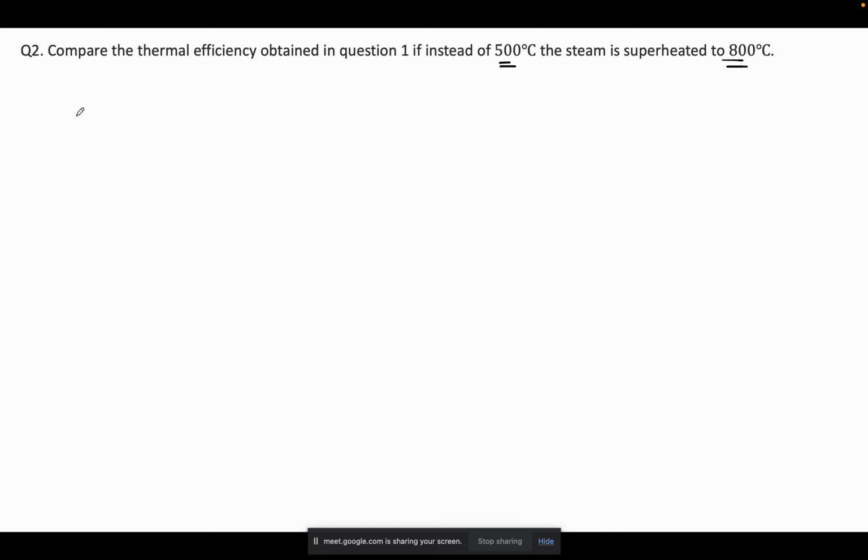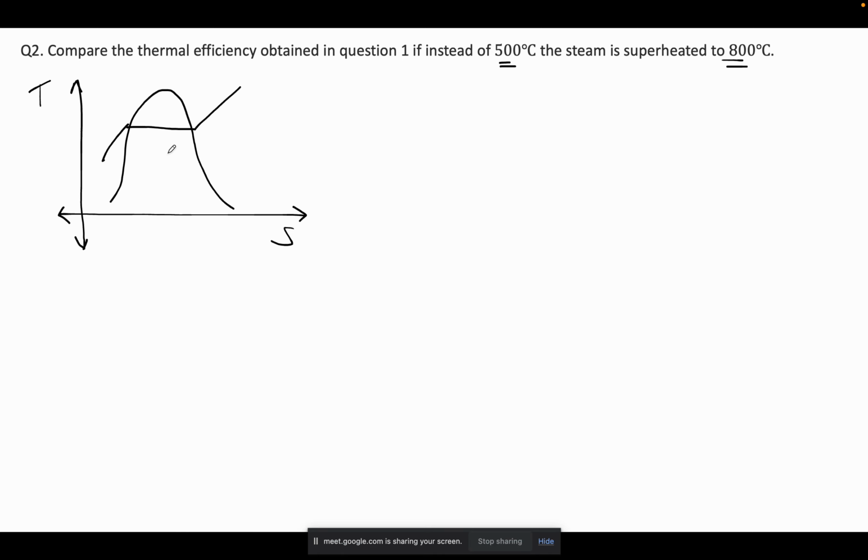So that means now this pressure is the same, but now my point 1 temperature is 800 degrees Celsius, so my T1 is 800 degrees Celsius, and the rest of the values remain the same.